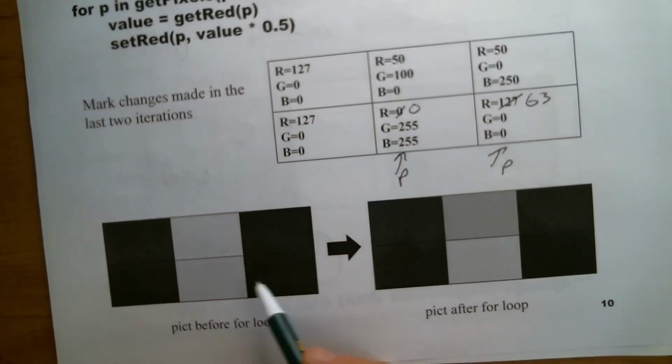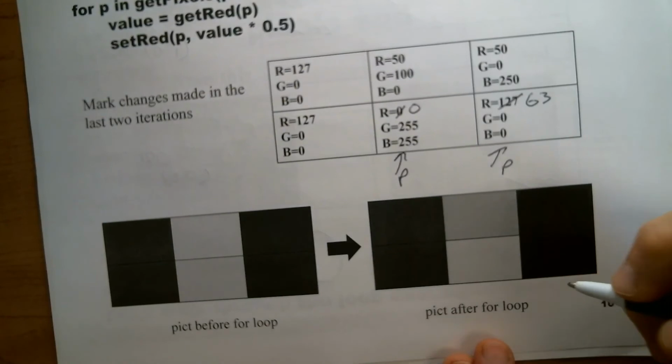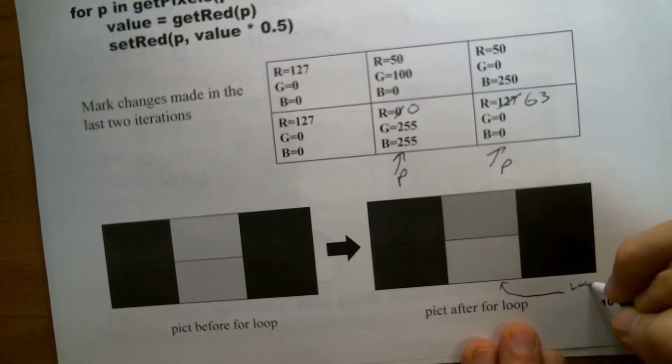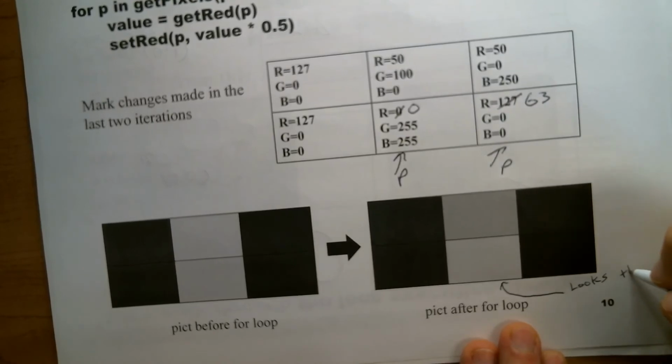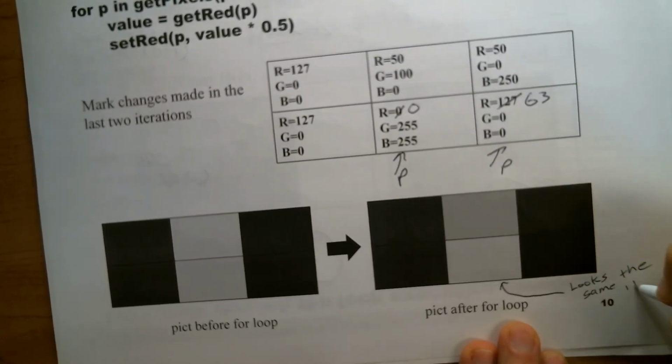Now, again, you can't really tell the difference on a photocopy, but you should notice that all of these have sort of had the red reduced. And the only one that looks exactly the same is this bottom middle one, because red was already 0.